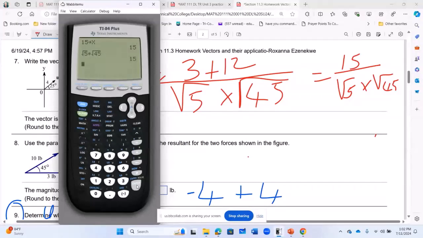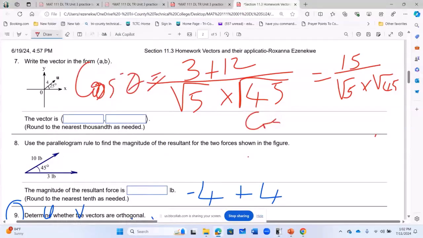And then I have an answer. And that answer is 15. The numerator is 15. The denominator is 15. Therefore, the cosine theta is equal to 1. Of course, you know, so I'm now going to find cosine inverse of 1.